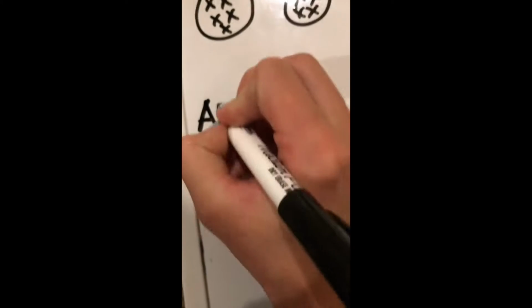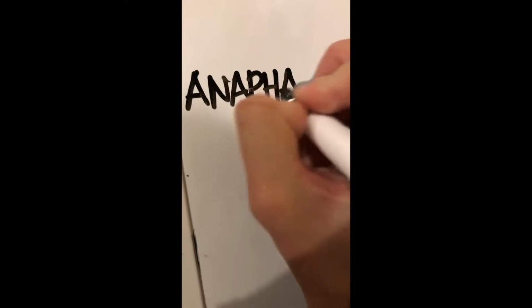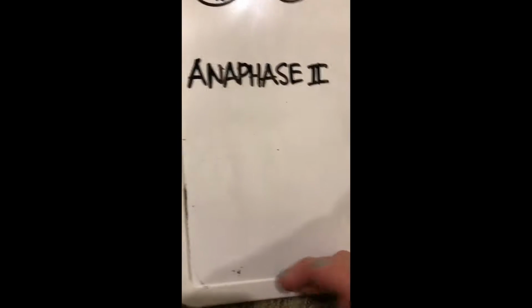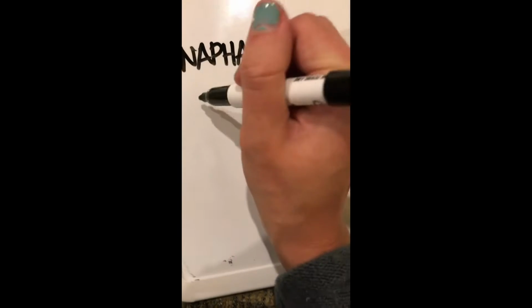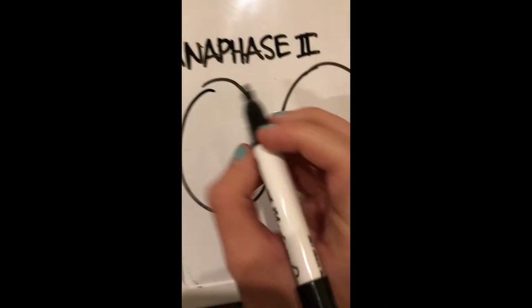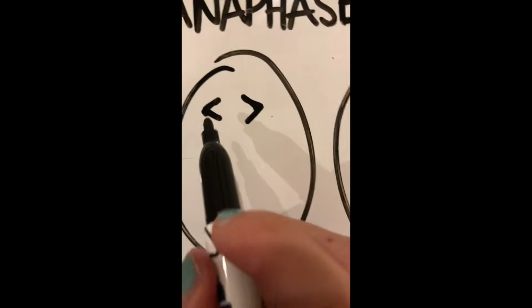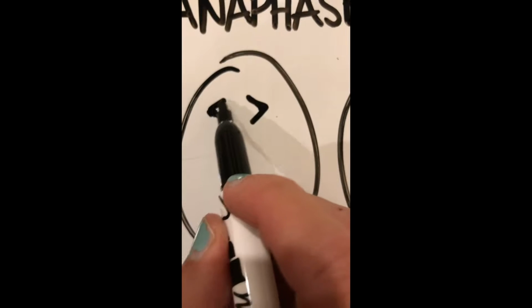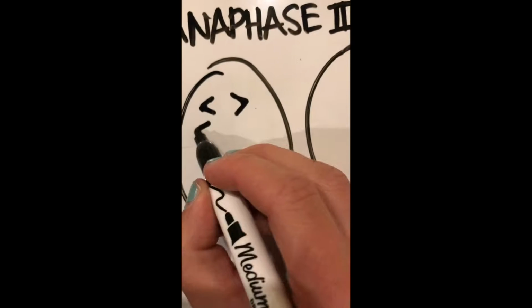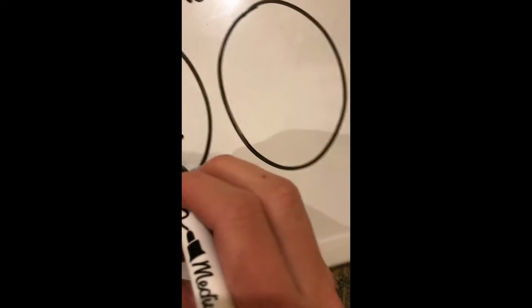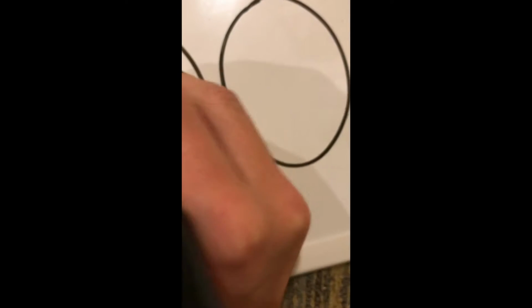Then we get to anaphase 2, which is where the sister chromatids get pulled away by the spindle fibers. In both cells this is happening. These are the chromosomes, the sister chromatids being separated, with spindle fibers pulling them away.